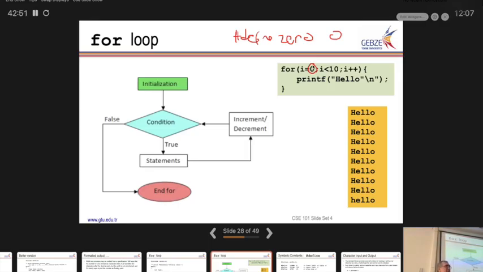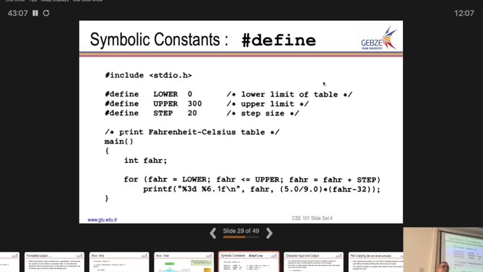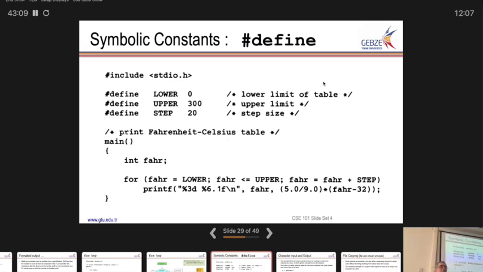For 0, it is not meaningful. But for things like number pi, 3.14, you define it and use it as pi rather than 3.14. This is how we do it. Define lower is equal to 0, upper is equal to 300. Define step is 20.